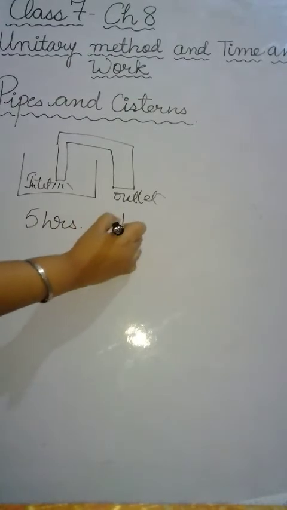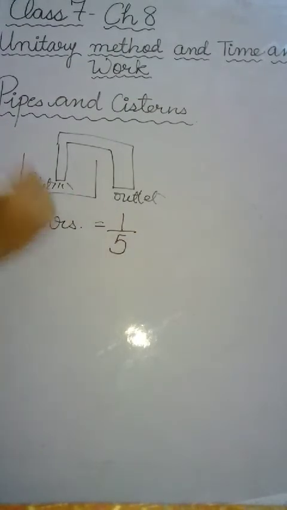Now the same procedure is followed over here. Suppose a pipe fills a tank in 5 hours, then how much of the tank is the pipe going to fill in 1 hour? It will be 1 upon 5.